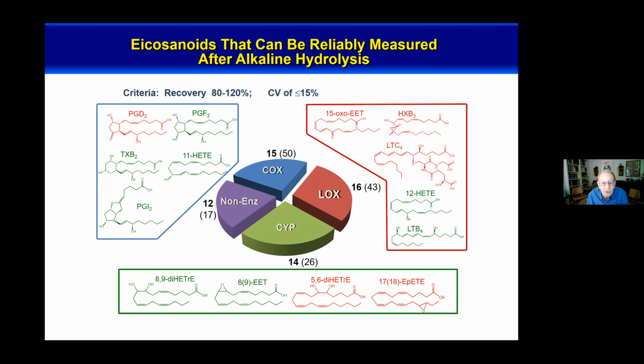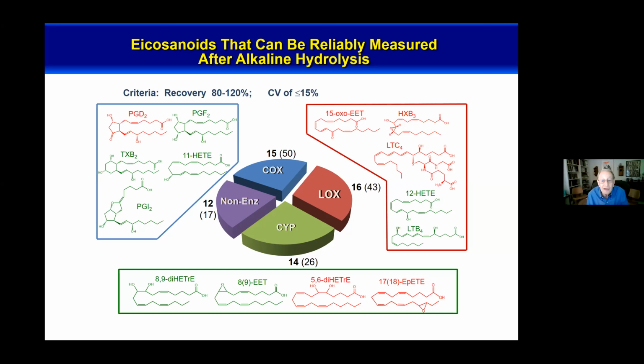So in summary, when we look at these couple of hundred eicosanoid standards in our standard runs, when we're looking at them for presence in total lipids, we are limited to about 50 of these that we can actually reliably measure.